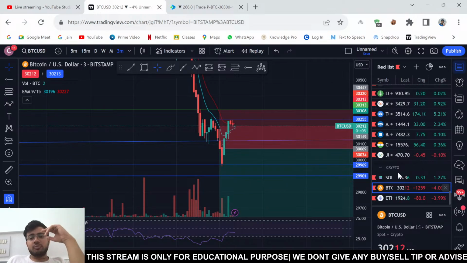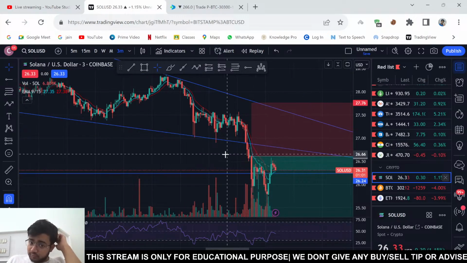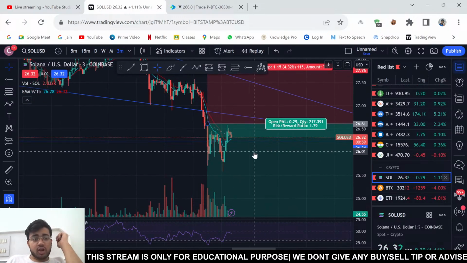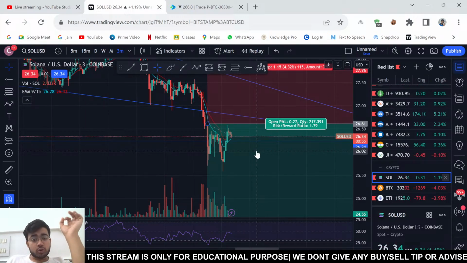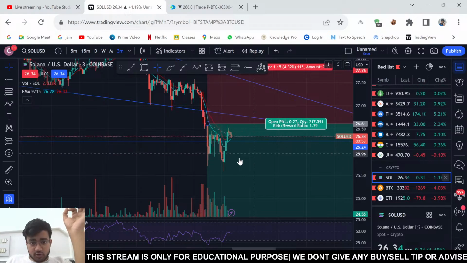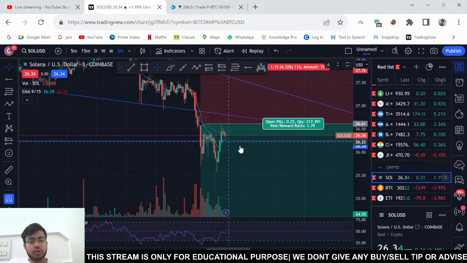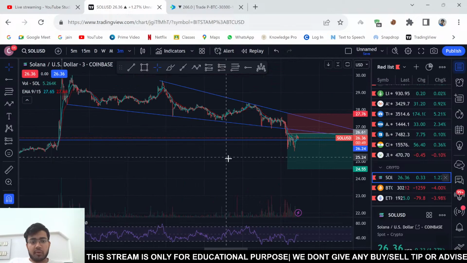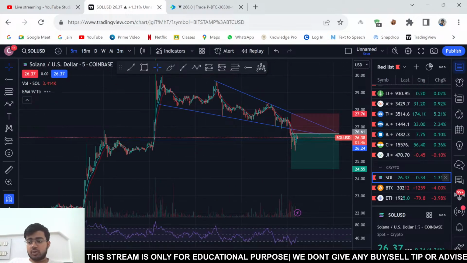I'm not too worried about this position, honestly, guys, because right now I'm hedged. But to all the people who are trading in Solana right now, if you're really worried about this position, don't be worried. It's forming another downtrend channel. Okay, so don't be worried. I'm gonna switch back to the 5 minute time frame.